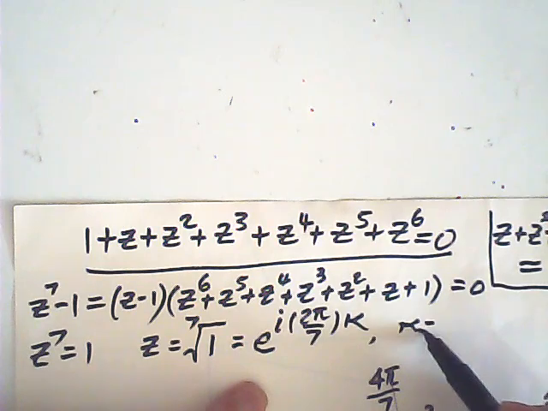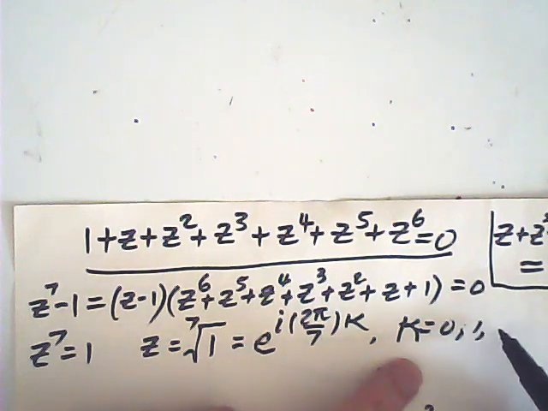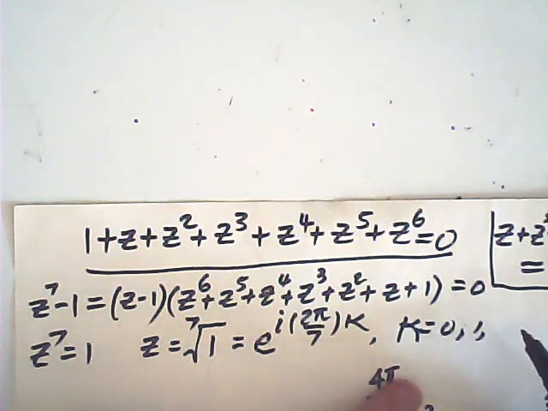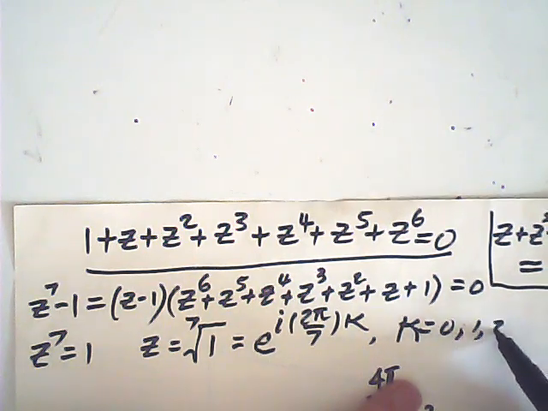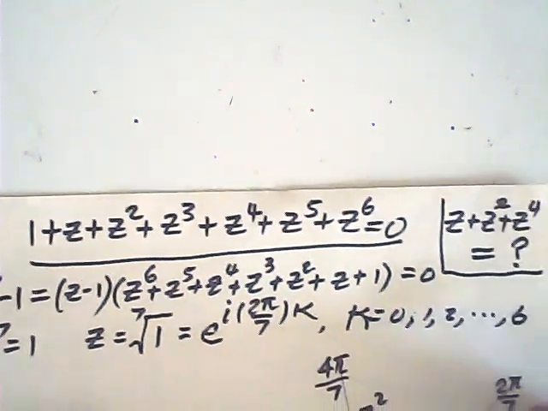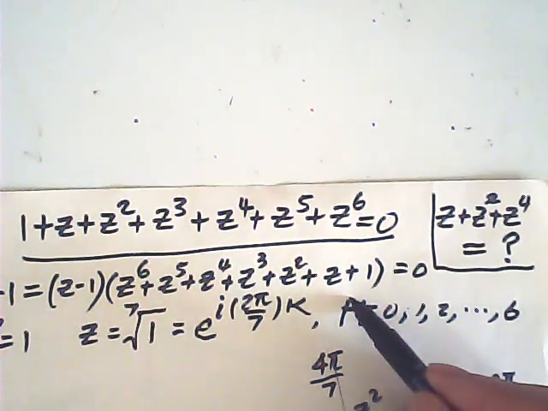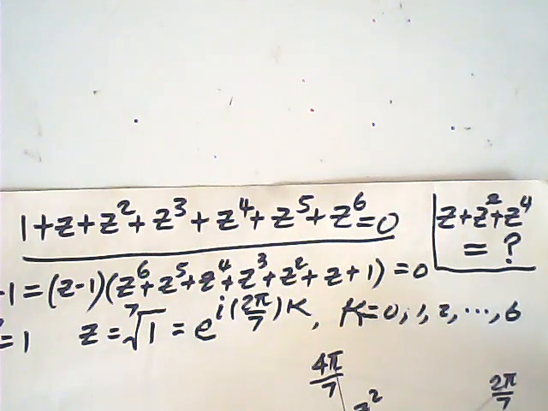Well, k equal to 0, 1, 2, until 6, right? Yeah, this k.